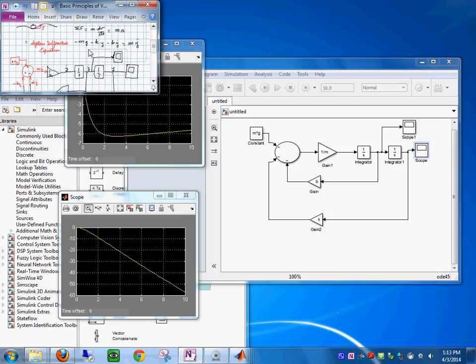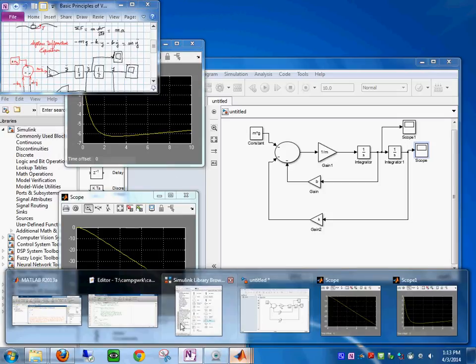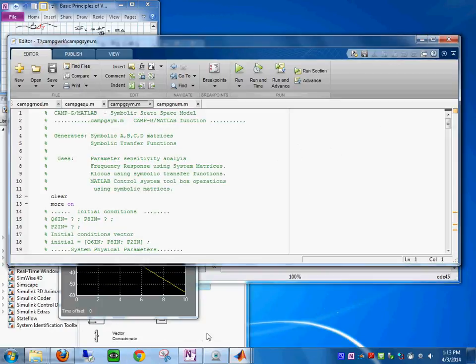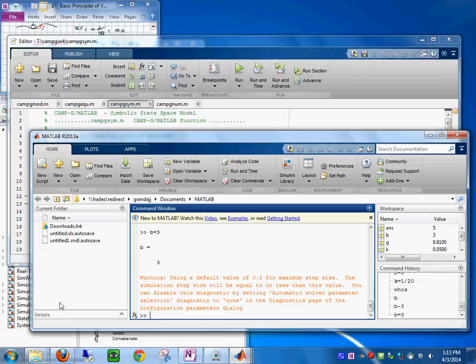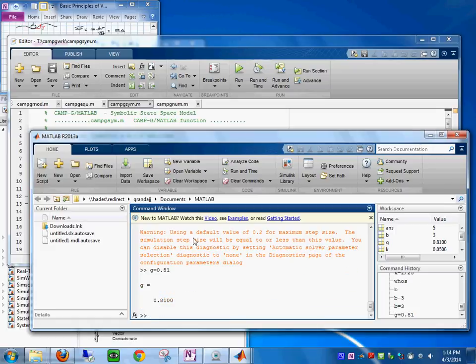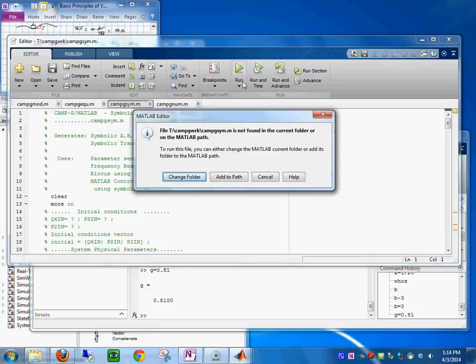See, you have all the 3 minus equal to this, and we have m. Oh, I know why. G is not defined too. I think it would have given me some problem. G is equal to 9.81. Let's see what happens with that.